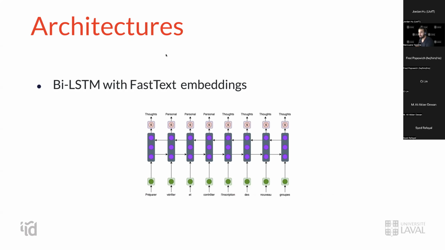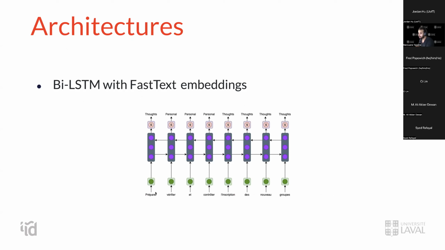Let's talk now about the models that we used for the task. We used 3 different models, 2 different architectures. The first of which is a bi-LSTM, which was presented 2 presentations ago, but basically it's a recurrent neural network. We use fastText embeddings, French embeddings, since the data set itself is in French.